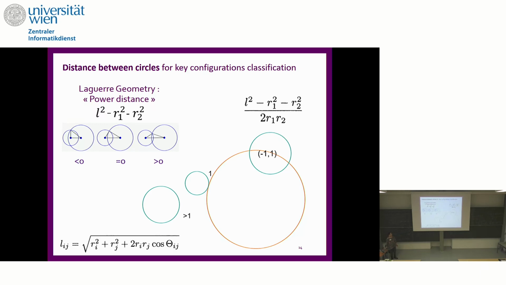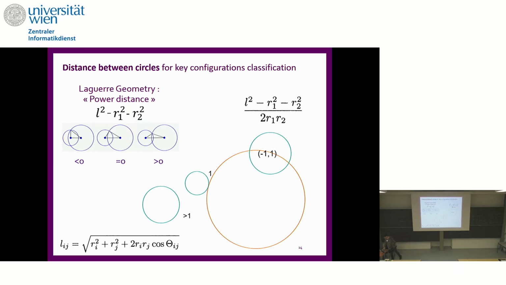And it comes from the fact that given 2 points, let's say Ci, Cj, representing the centers of the two circles and the corresponding Ri, Rj as radii, the distance between the two that I will show with Lij can be written like this, as a function of these radii and the cosine of the angle between the two circles.